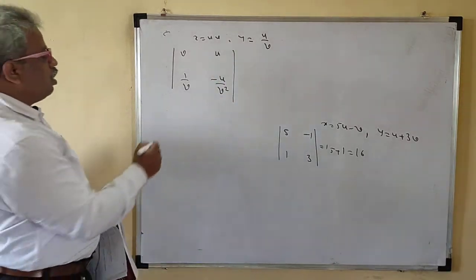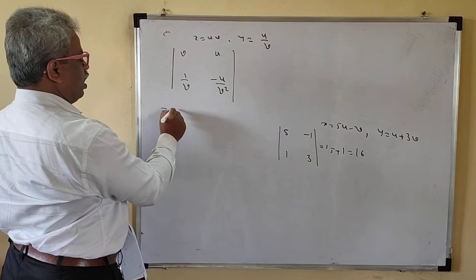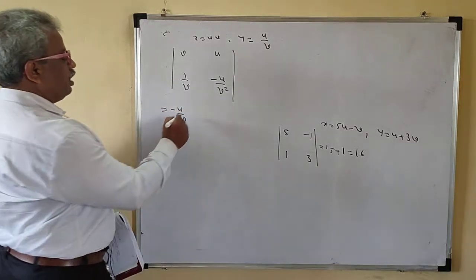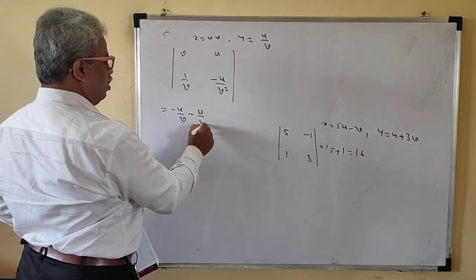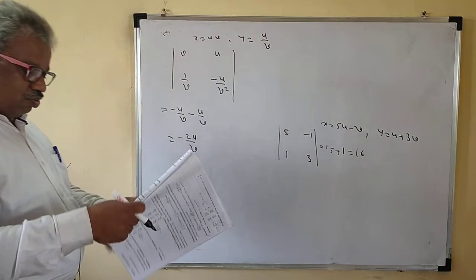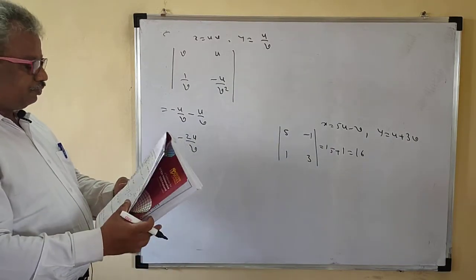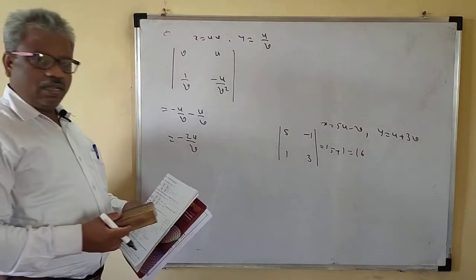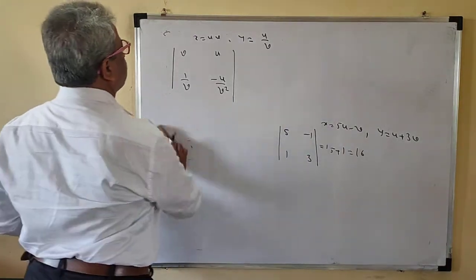Now we will multiply this: minus u upon v, minus u upon v, so this is minus 2u upon v. So in this way you can find the Jacobian of any transformation.